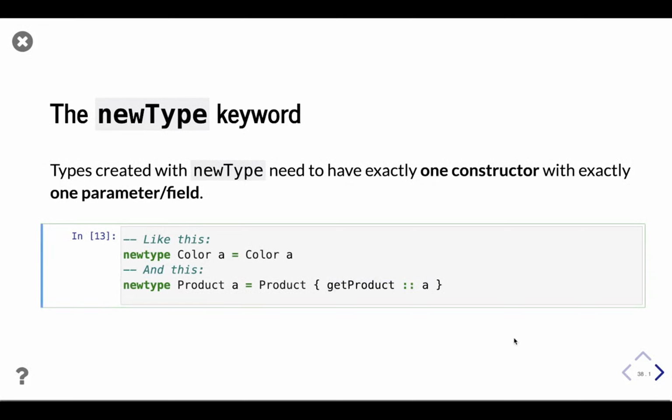But you can also do that with data. So why should we use newtype? Short version, performance reasons made by the compiler. So if you happen to be creating a data type with one constructor and one parameter, you can switch the data keyword with the newtype keyword and get a performance boost for free.